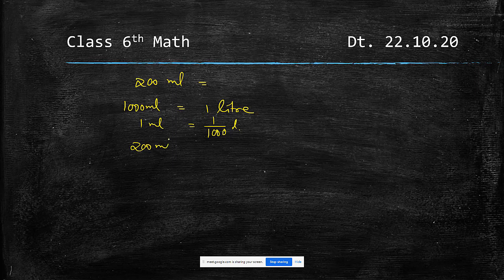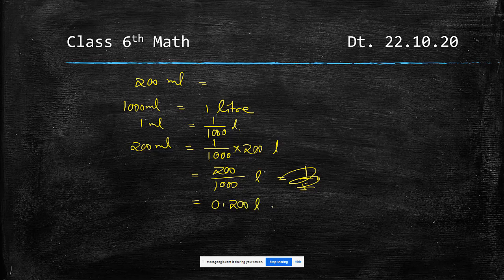So 200 milliliter equals 1 upon 1000 multiplied by 200 liter. It means 200 divided by 1000 liter, means 1 by 5. We will present it in decimal. So 0.200 liter or 0.2 liter. So 200 ml can be presented as 0.2 liter.